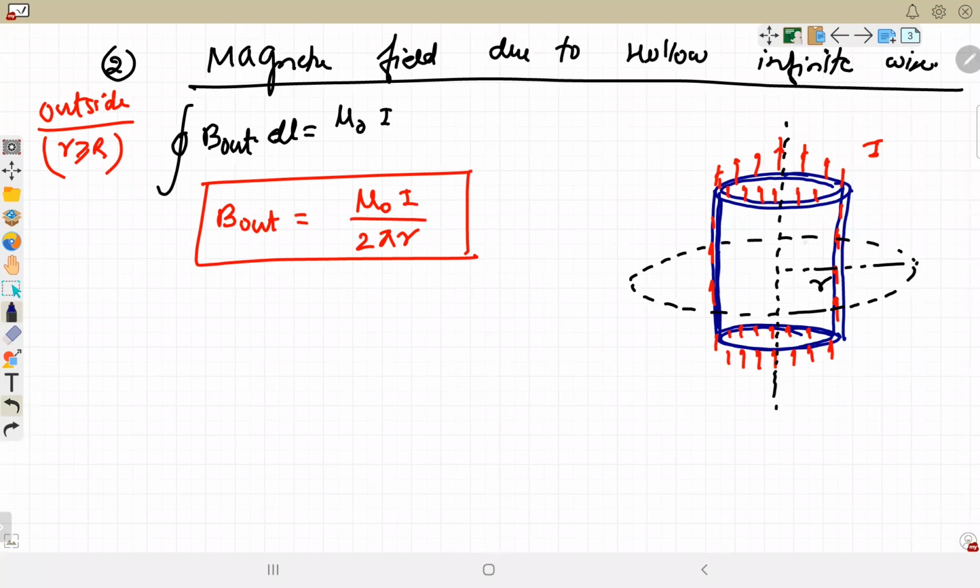Similarly, if you choose a point inside, if you consider any loop, then the enclosed current will be 0.